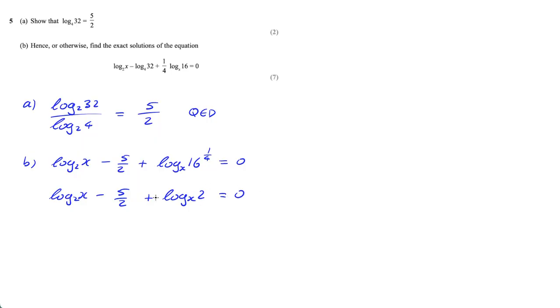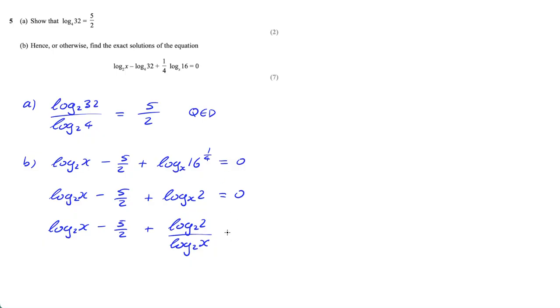Okay, now I have a situation where I have 2 logs but different bases. So let's change the base. And I think the natural thing to do, guys, would be to change the base to base 2. So this is log x base 2. This is minus 5 over 2. And this I'm going to change to log 2 base 2 over log x base 2.